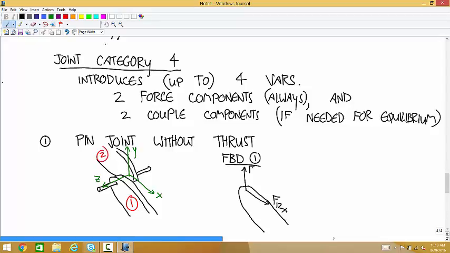I'll call this one force on 1 by 2 y. But there's no F12Z because if there was, that motion along the pin would not be allowed, and it is allowed. Okay. Any questions about that?